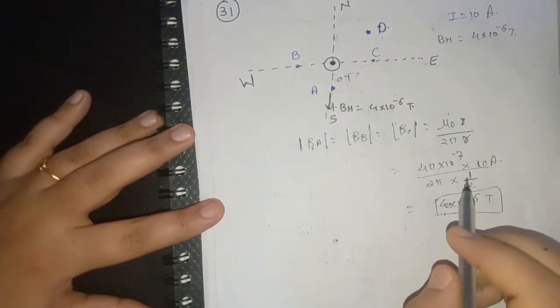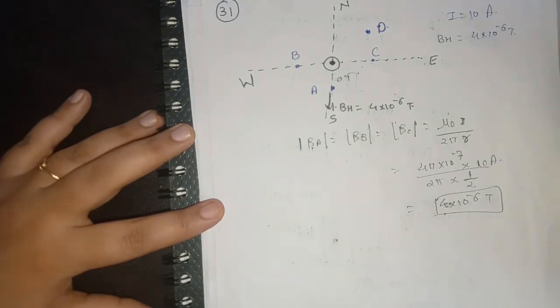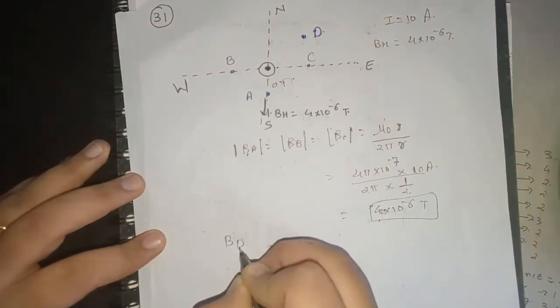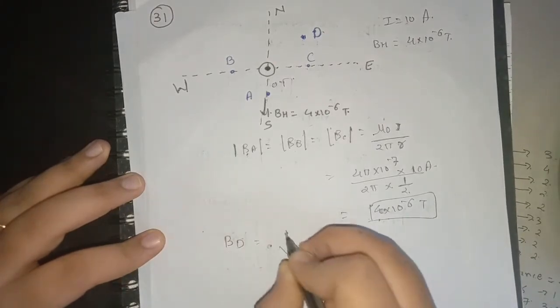Now magnetic field at point D can be given by BD is equal to under root.